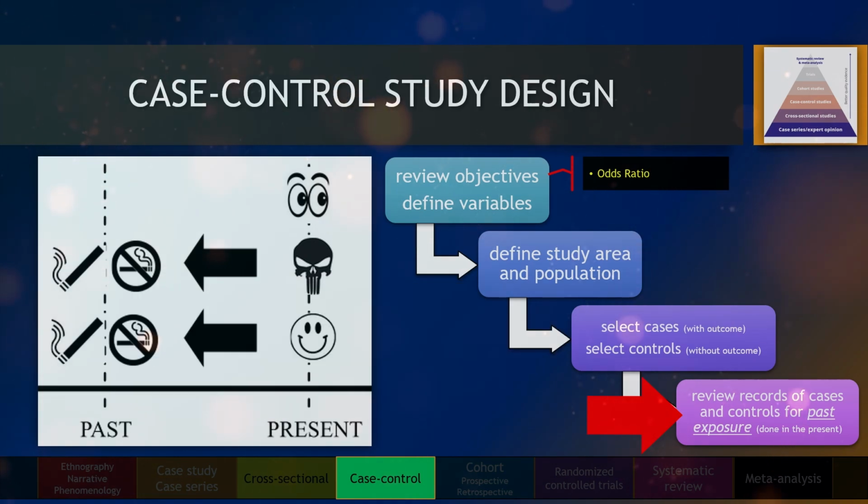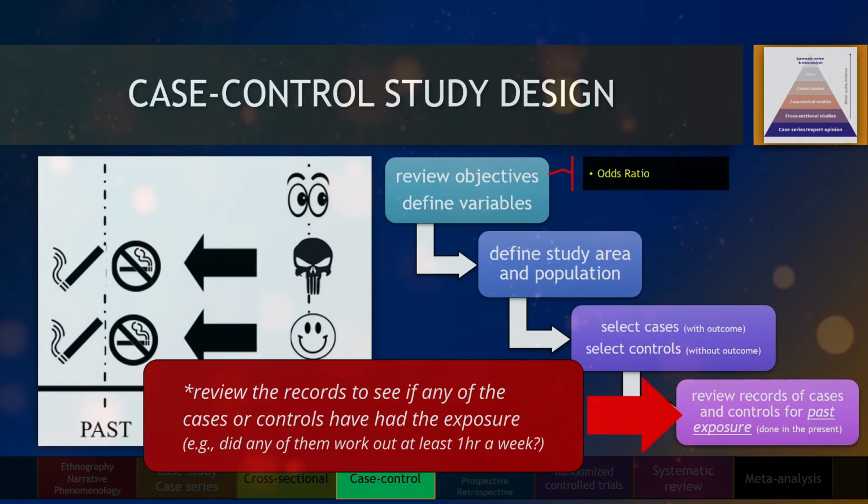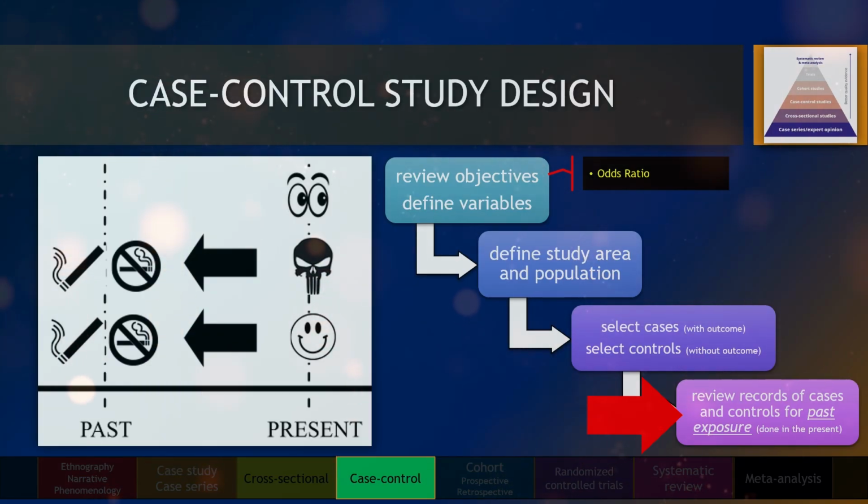The next step is to then go back in time, that is, to review their old records to see if both cases and controls actually had the exposure. In this case, did they exercise for at least 1 hour a week before the outcome was recorded at present? At this point, you will know which samples have the exposures and outcomes. Then you can do your analysis.